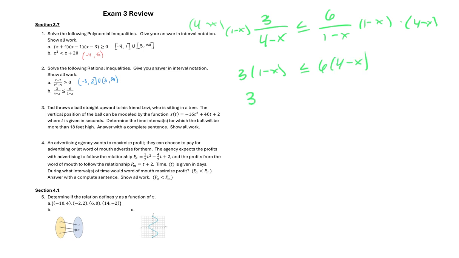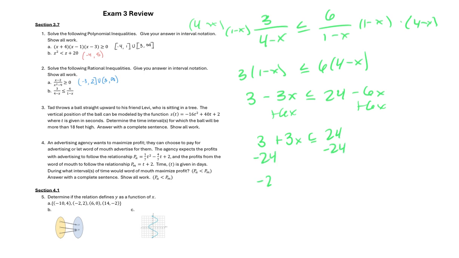So then we'll get this is less than or equal to 6 times 4 minus x. Simplifying that out, we'll get 3 minus 3x is less than or equal to 24 minus 6x. Great, so now we can move everything to one side. We can add 6x. So we have 3 plus 3x less than or equal to 24. Subtract 24.